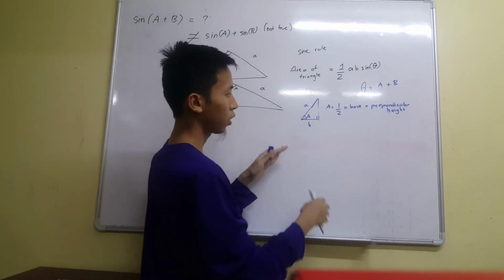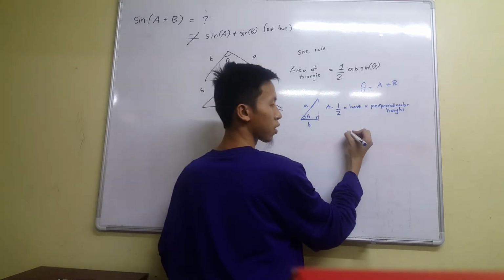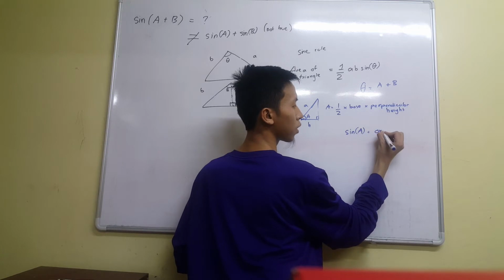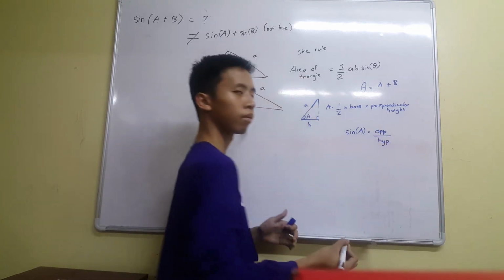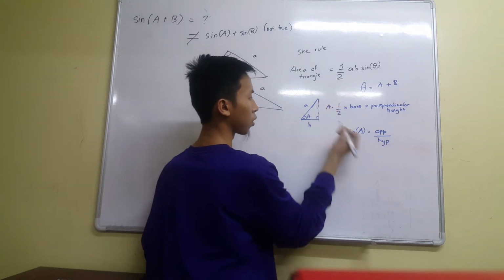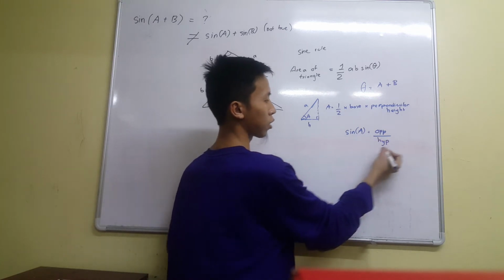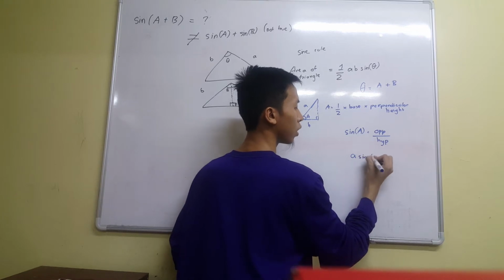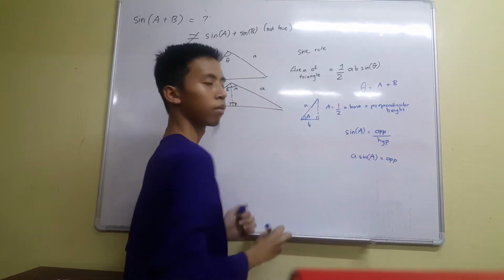Now how do we get the perpendicular height? Simply by using sine. Sine A is equal to opposite divided by hypotenuse. To calculate the opposite, sine A must be multiplied by the hypotenuse, which is just A. So A sine A is equal to the opposite.